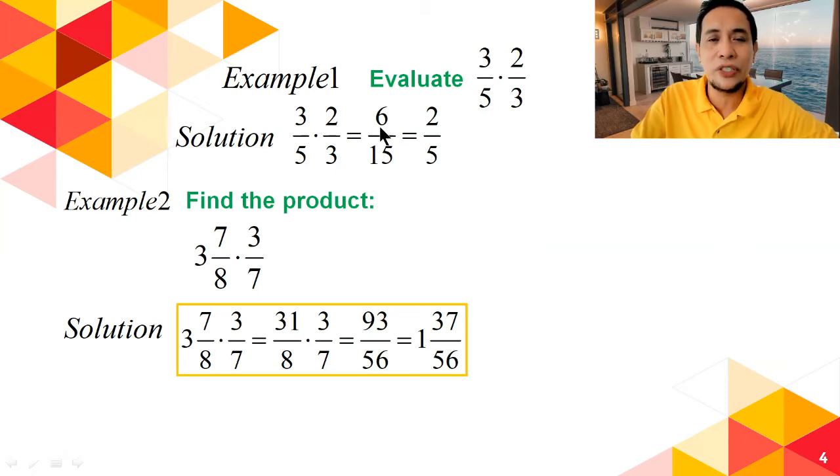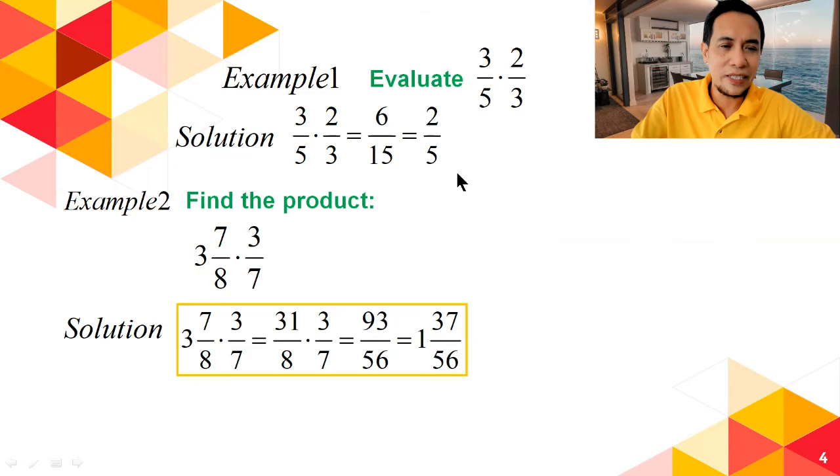You have to reduce your final answer. What can you divide 6 and 15 by without remainder? Of course, by 3. 6 divided by 3 is equal to 2, and 15 divided by 3 is equal to 5. Now, this is your final answer. The product of 3 over 5 and 2 over 3 is equal to 2 over 5.